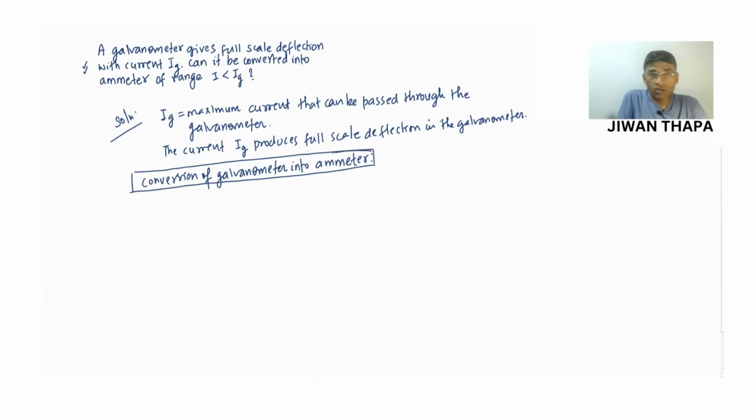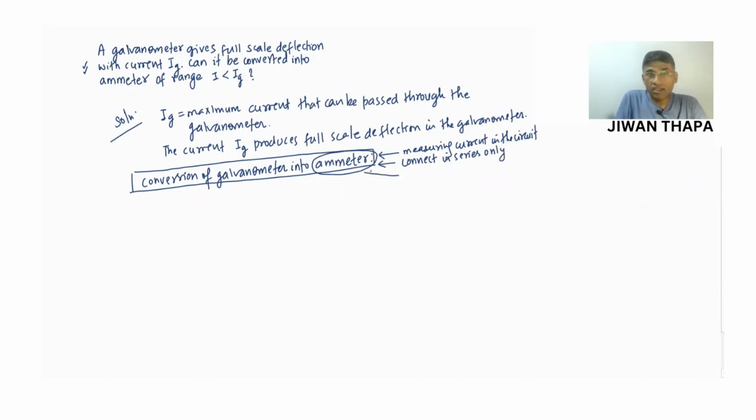We know an ammeter is used for measuring current in the circuit and is always connected in series only.